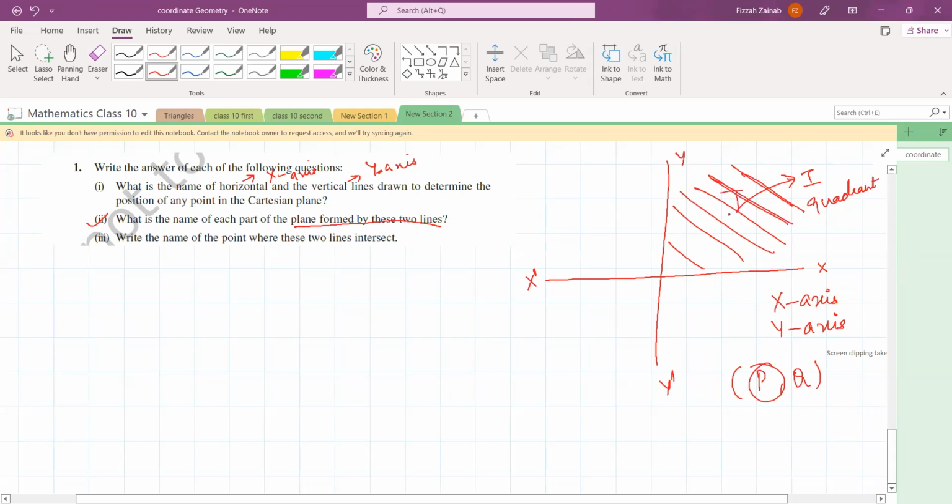This first part is called the first quadrant. Now this part is called the second quadrant. So you will draw a picture like this, draw x-axis and y-axis, then call it first quadrant, second quadrant, and you have to go anti-clockwise. Please remember, you start from the positive x-axis and go anti-clockwise. First quadrant, second quadrant, then this is your third quadrant, and this is your fourth quadrant.